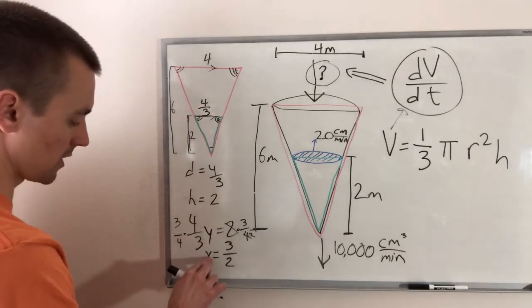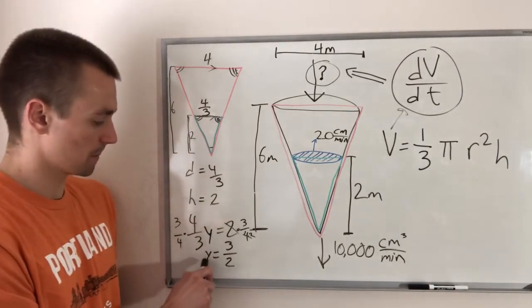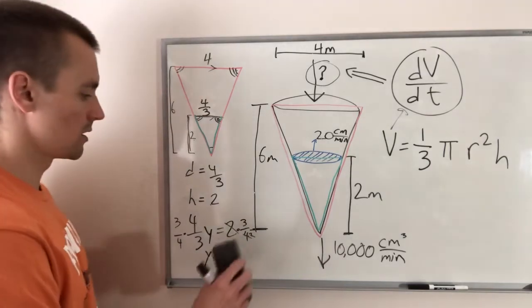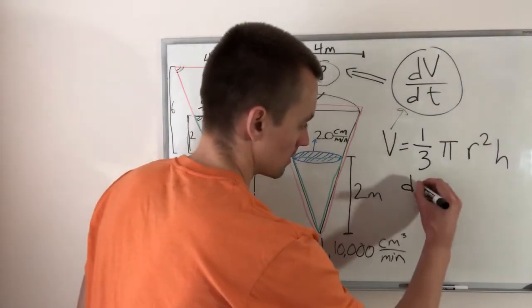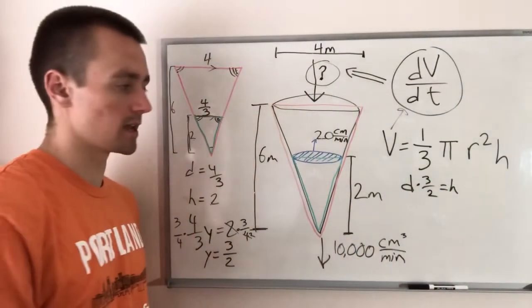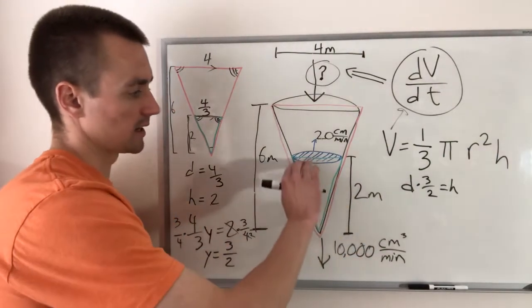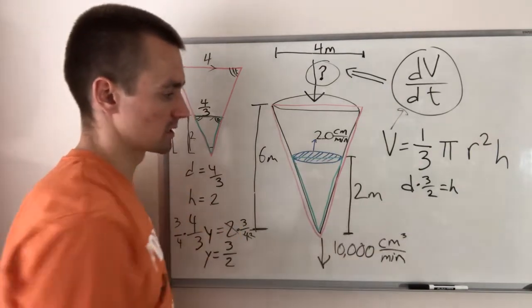So if we multiply our diameter by 3/2, that gives us our height. Okay? So that'll be the case, like I said, no matter how full this water is. Diameter times 3/2 gives us the height.